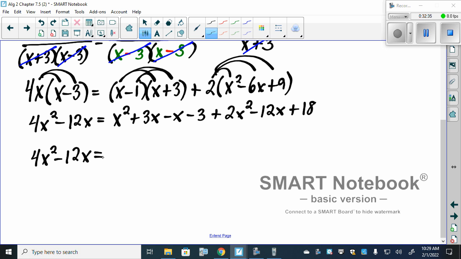Now we do need to combine like terms on the right-hand side. We have an x squared and 2x squared, and we can add those together to get 3x squared. So we have those two taken care of.